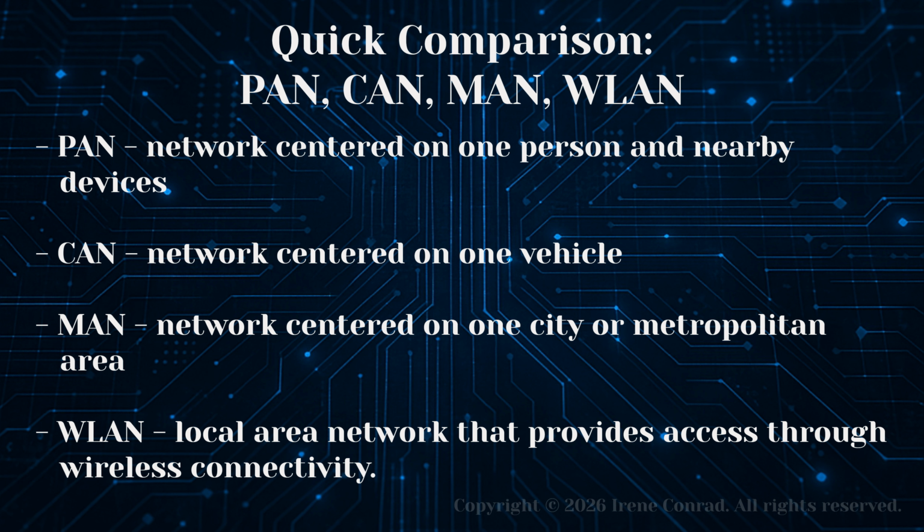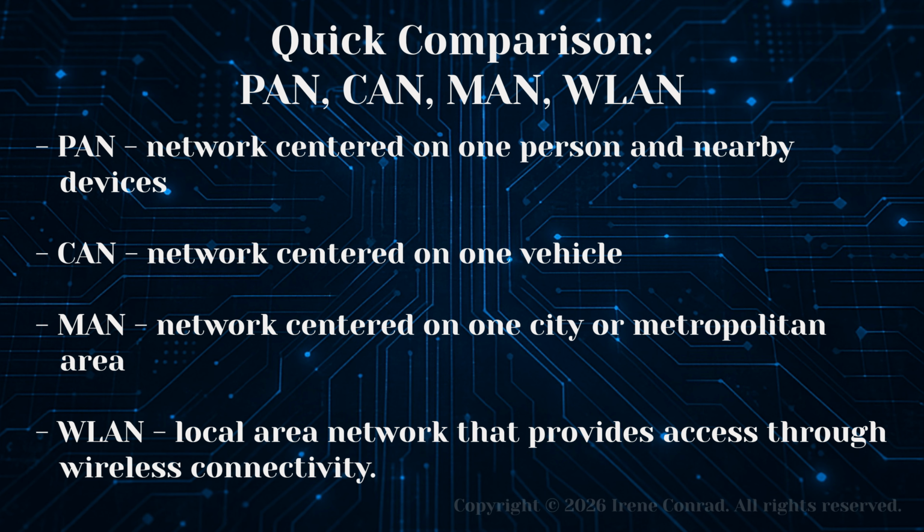Let's make this super simple. PAN, or personal area network, is centered on one person. CAN, or car area network, is centered on one car. MAN, or metropolitan area network, is centered on one city or metro area.